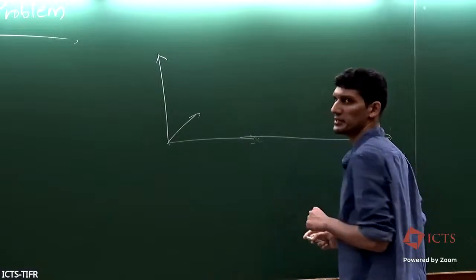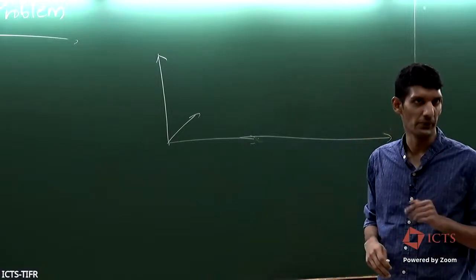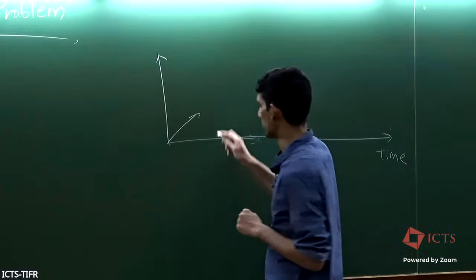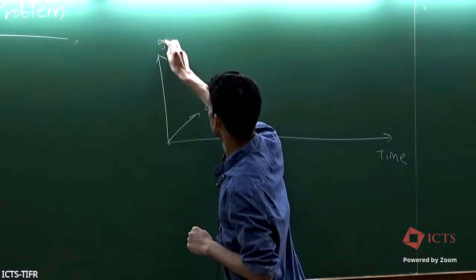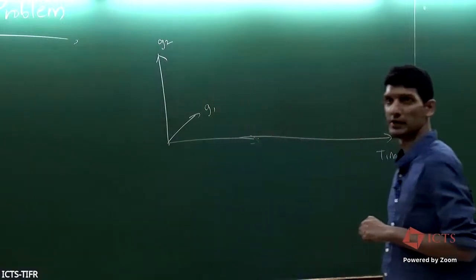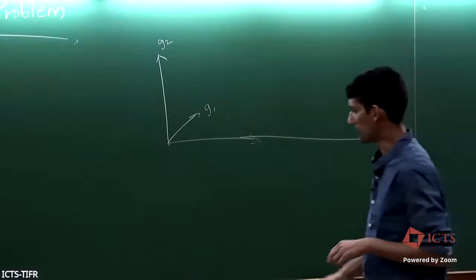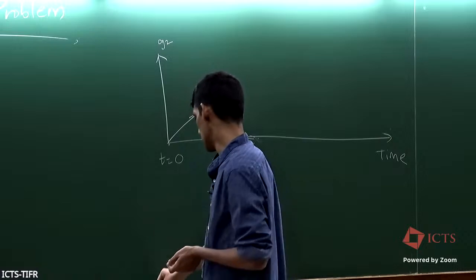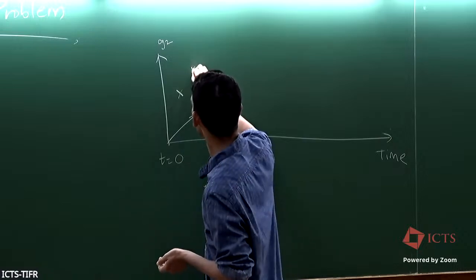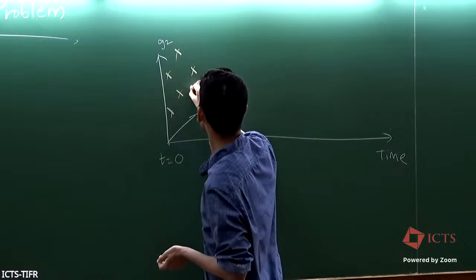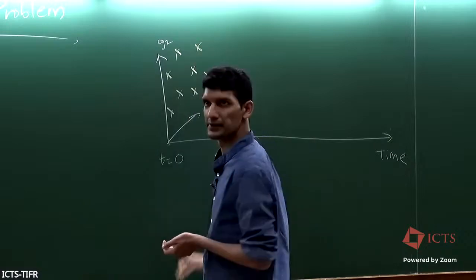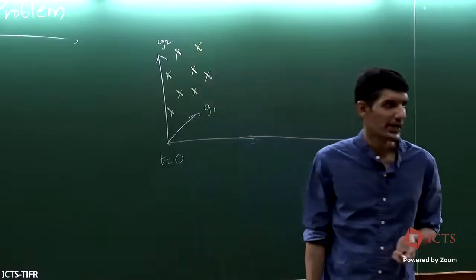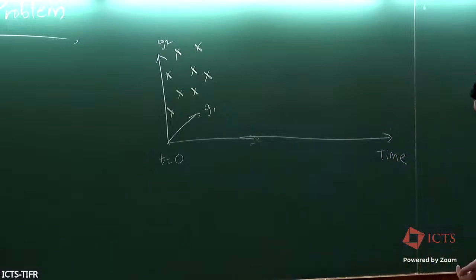And let's say for simplicity, the state is defined by two variables, G1 and G2. So these are the Y and Z axes. And what you get are a bunch of points that live at time t equal to 0. Right? So this is t equal to 0. So you're going to get a bunch of points over here. Right? So that's one measurement that you get from these assays.